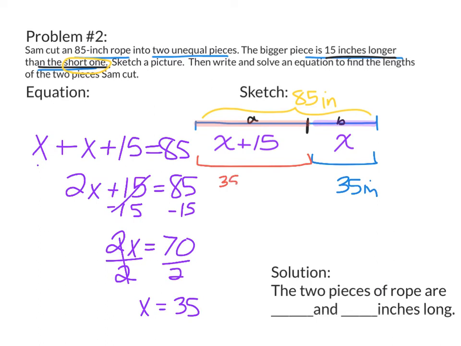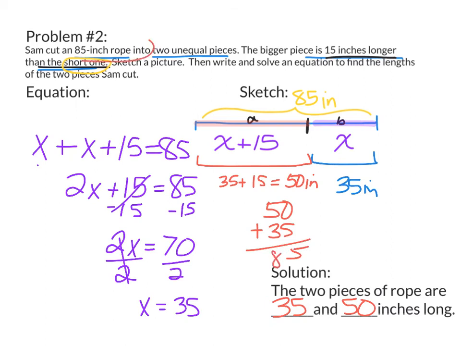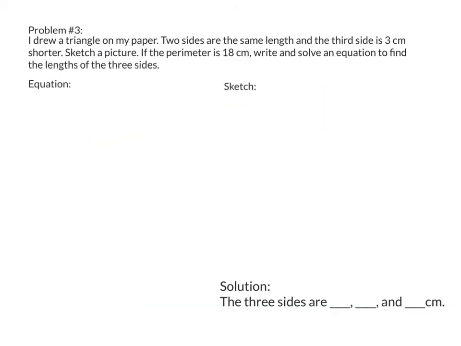So I have to do 35 plus 15, whoopsies, and that equals 50 inches. So the 2 pieces of rope are 35 and 50 inches long. Again, I could check that by making sure that when I add them together, I get 85, and I do, because that would be back to the same size I started with.